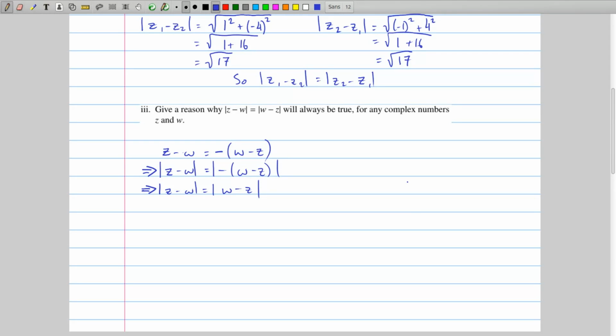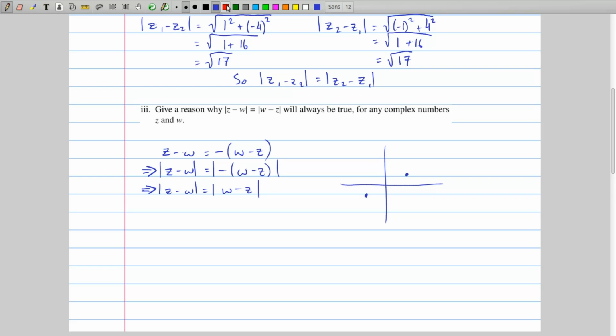Another way of explaining this is, say you've got your Argand diagram, your z minus w, let's say that ends up being here. Your w minus z is going to end up being the image of that through a central symmetry, I suppose you could call it, the central symmetry being through the origin.